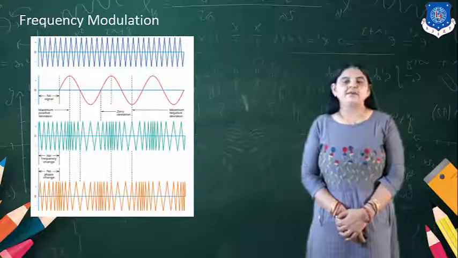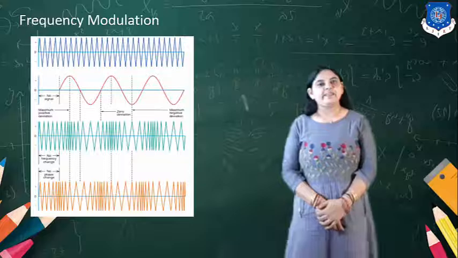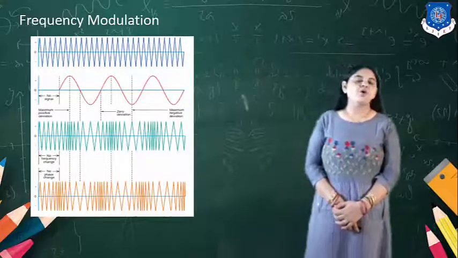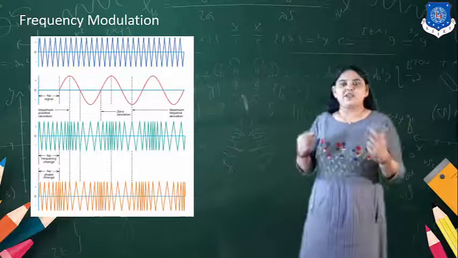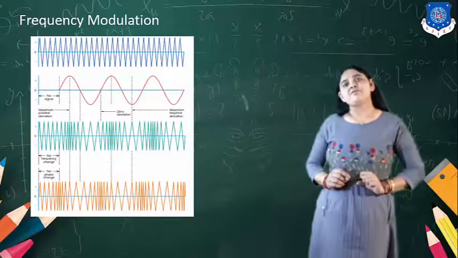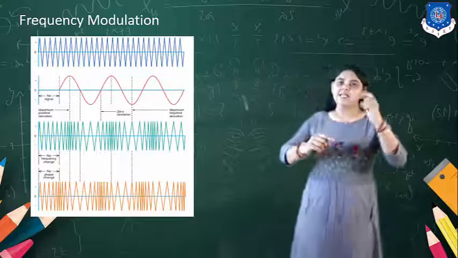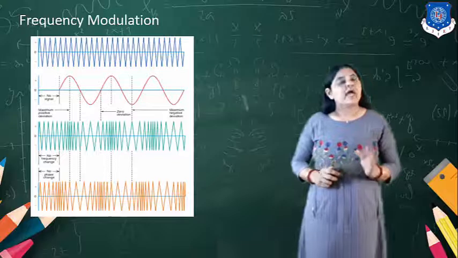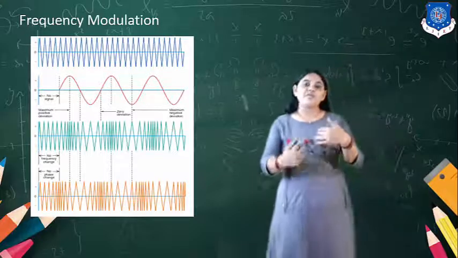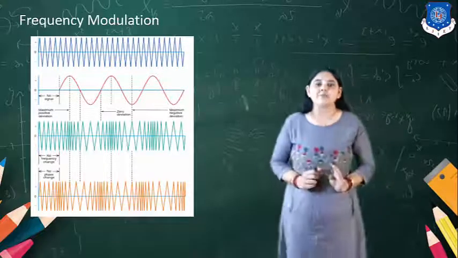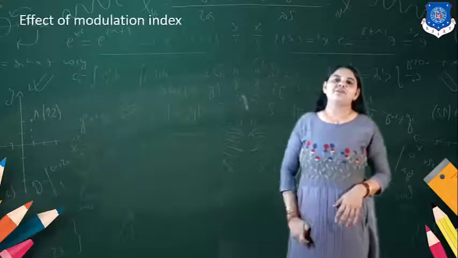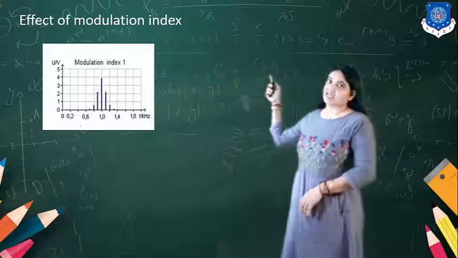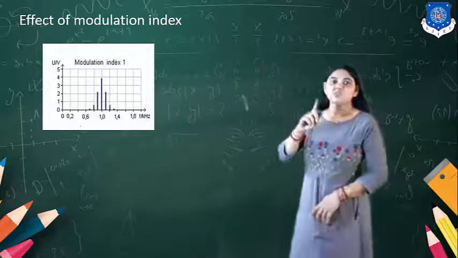When the amplitude of the modulating signal increases, the frequency increases; when it decreases, the frequency decreases. The change in the frequency that we observe in the FM wave is known as the frequency deviation.